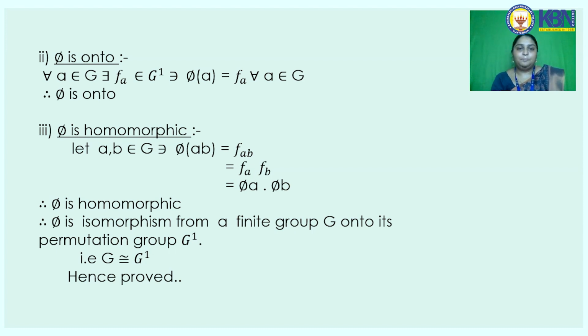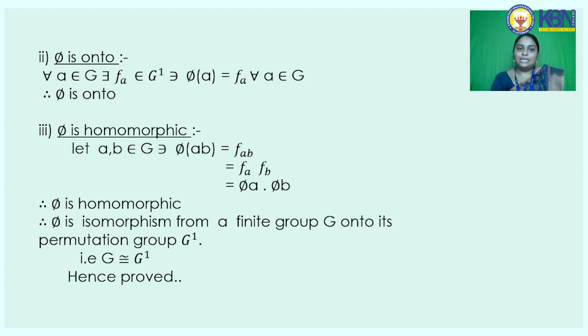By the mapping of phi, we can write f_a as phi of a and f_b as phi of b. That means phi of ab can be written as phi of a into phi of b. Hence, it satisfies the homomorphic property. Clearly, phi has satisfied 1-1, onto and homomorphism. Therefore, phi is an isomorphism, and the mapping is defined from the group G onto its permutation group G'.